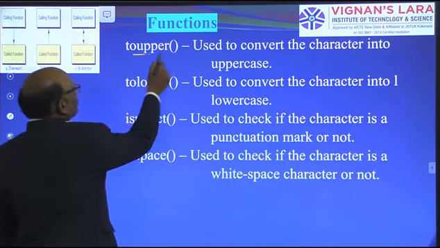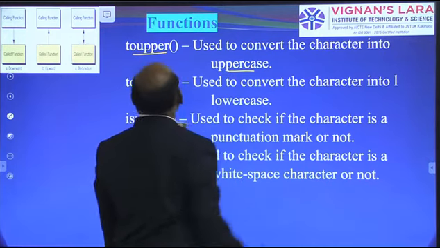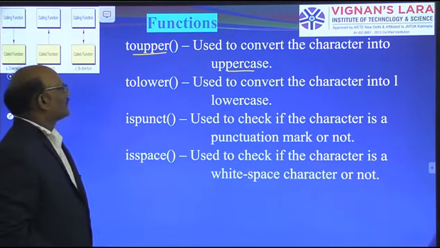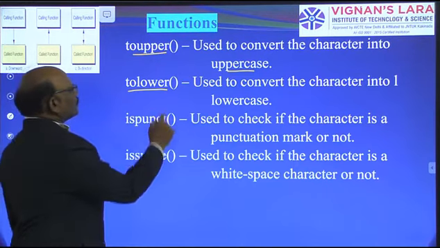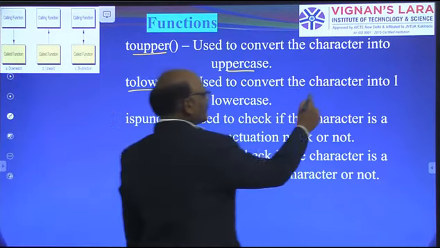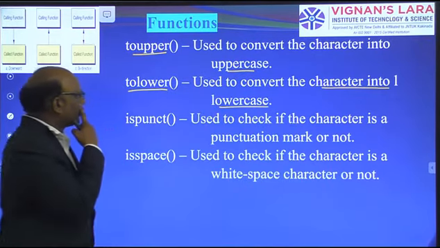Next, toupper is used to convert the character into uppercase. If the input character is a lowercase character, it will convert into uppercase. If the input character is uppercase, then it remains the same. Next, the tolower function is used to convert the character into lowercase.